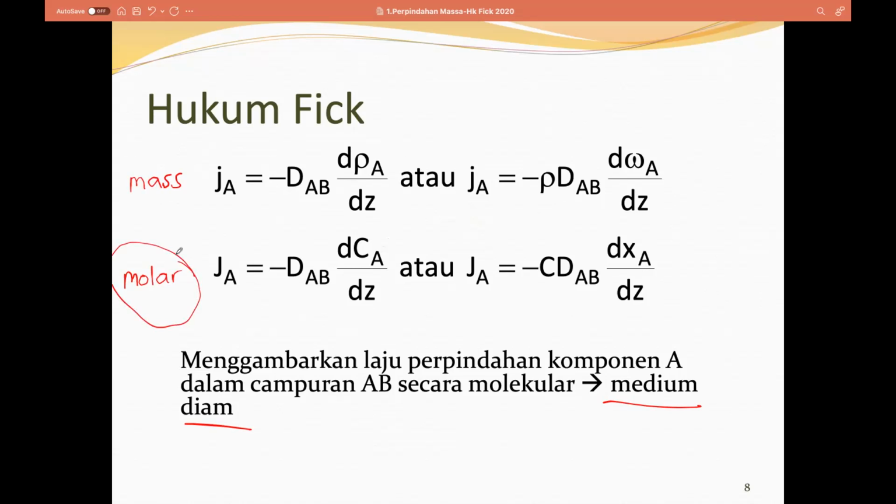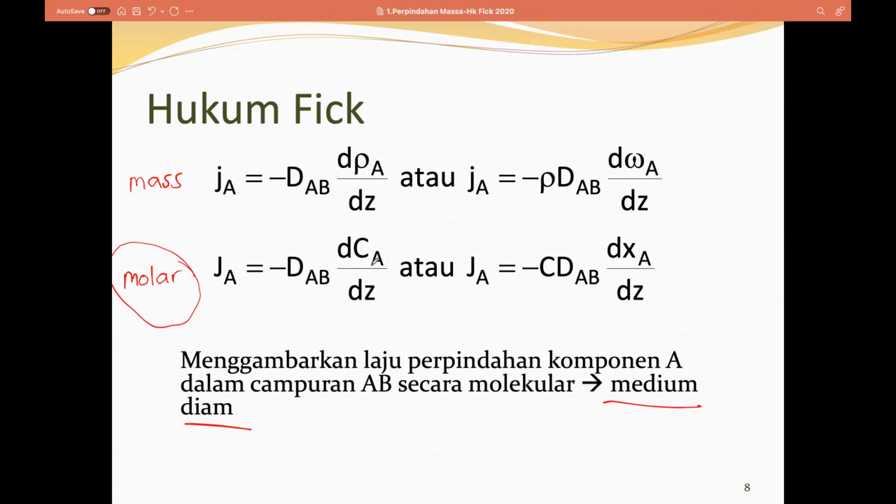But if you remember about the absorption unit, we use the mass basis. In our examples, maybe on Friday, I will show you that we will use the concentration basis, the molar basis. So this one is when the medium is stationary.